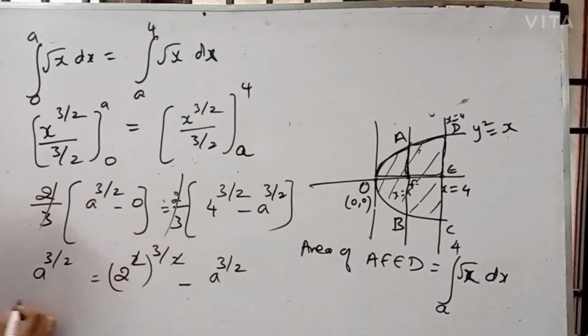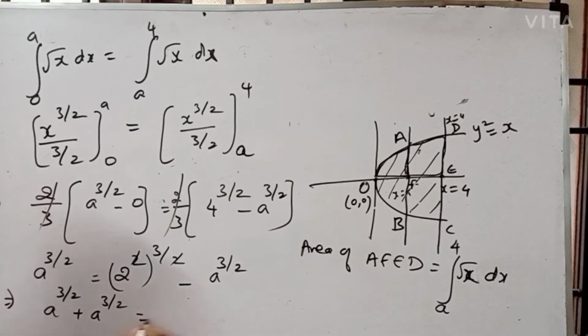So 2 gets cancelled, and minus a to the power 3 by 2, when it comes here, becomes positive. So a power 3 by 2 plus a power 3 by 2 equals 2 cube. So 2 times a to the power 3 by 2 is equal to 2 cube, which is 8.